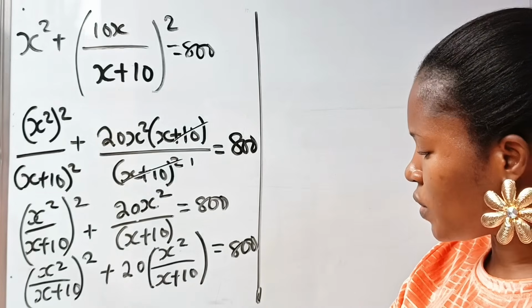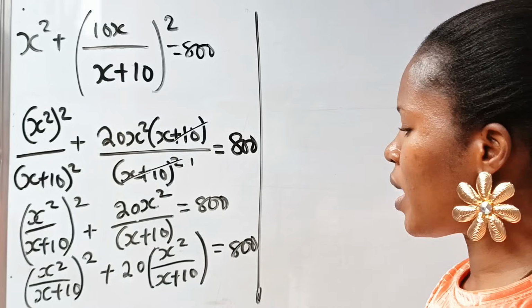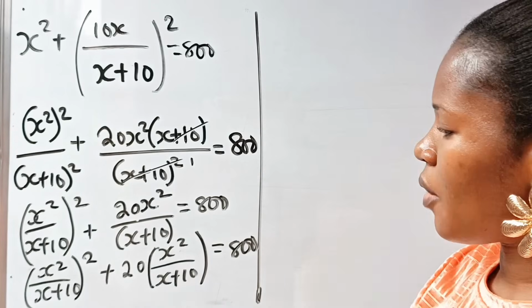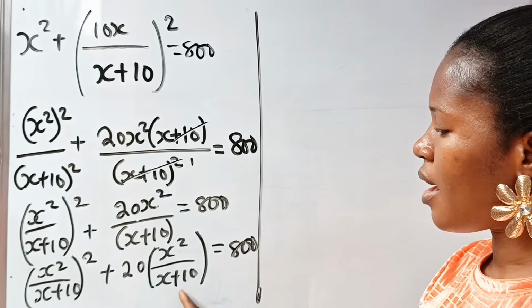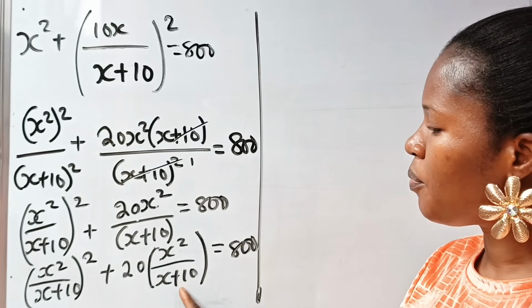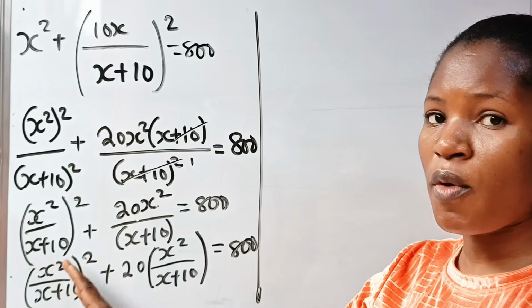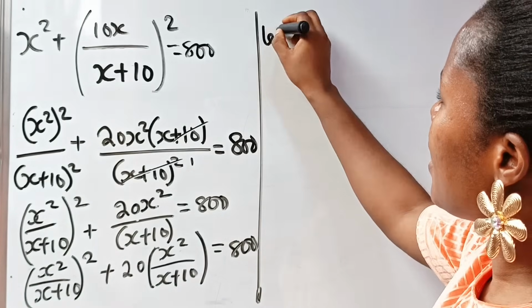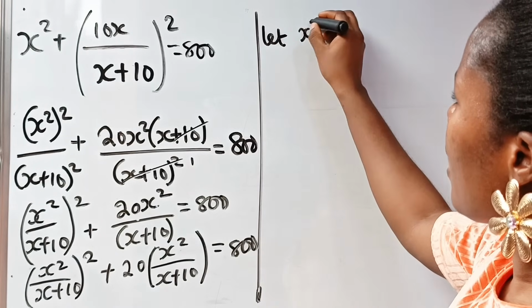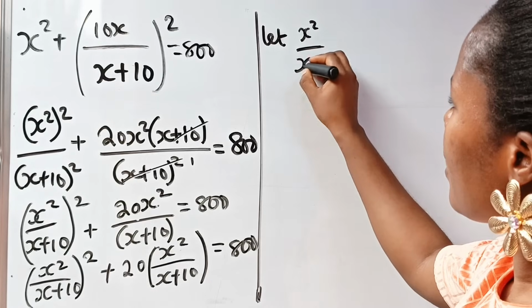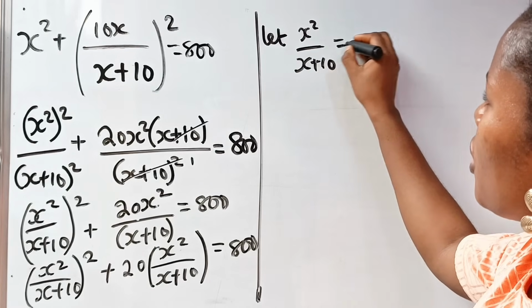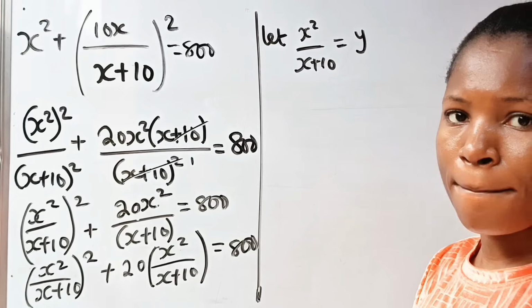Now I want us to look closely here. If you look at what we have, you will see that we have x plus 10 here and x plus 10 here, and we have x squared here and x squared here, so they have this as a common factor. So we can say let x squared divided by x plus 10 be equal to y.